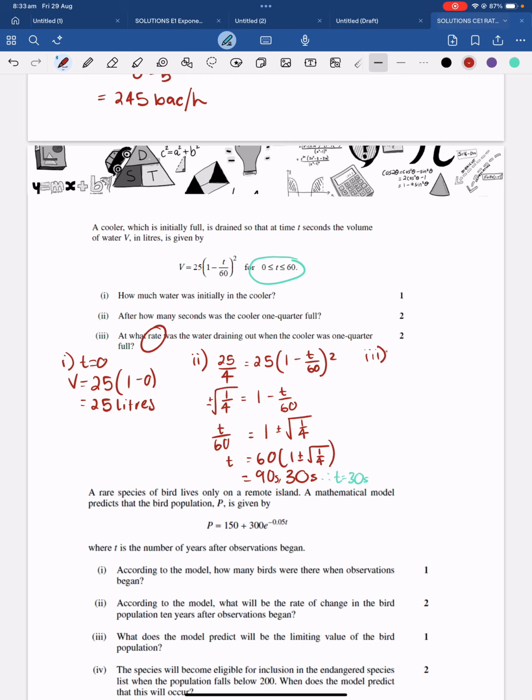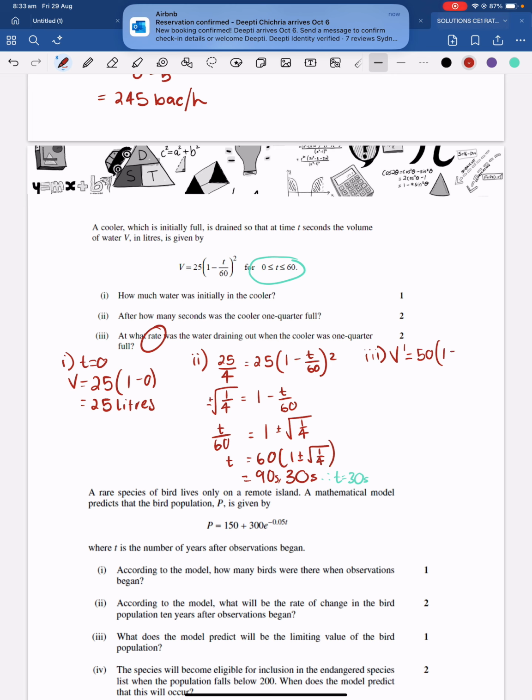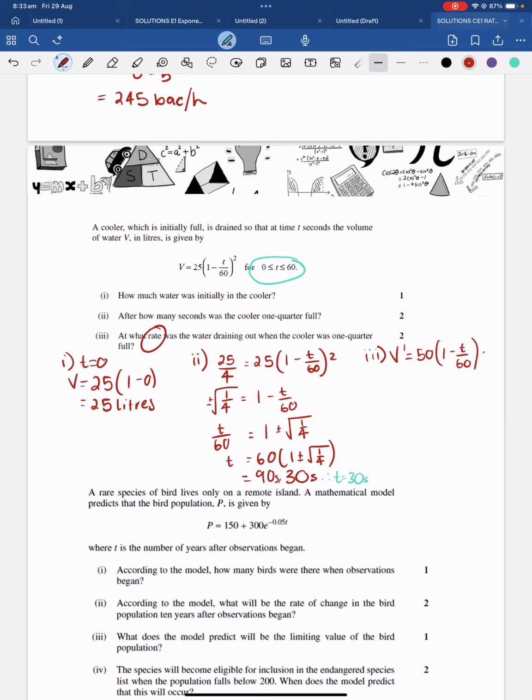So what does that mean? Derivative. Let's see. If I do v dash, or dv dt, times by the derivative. And that wants to know at, well, we know that was 1/4 full at t equals 30.